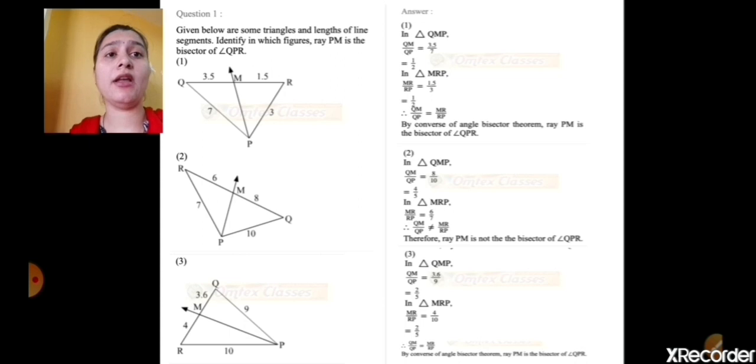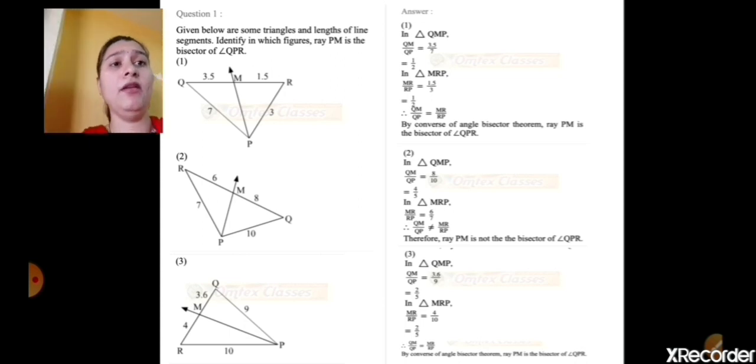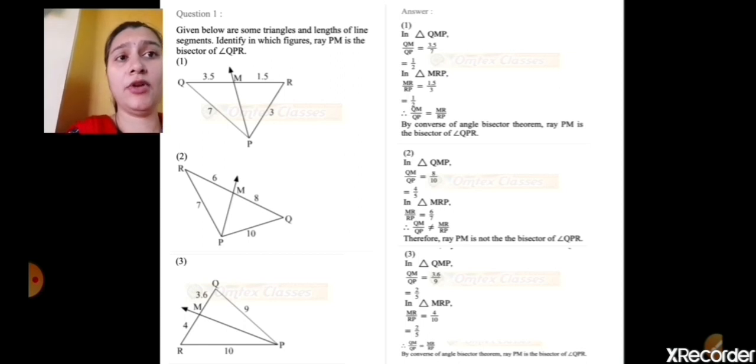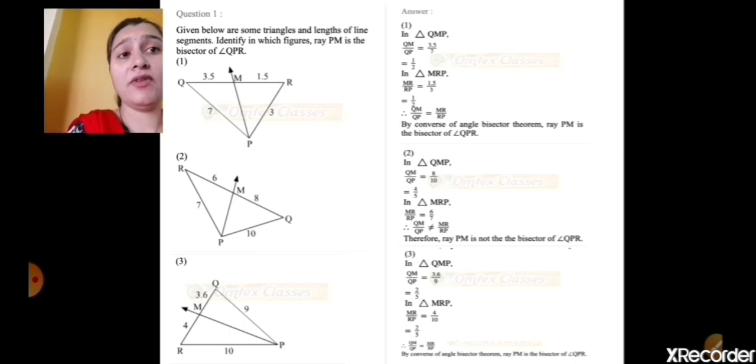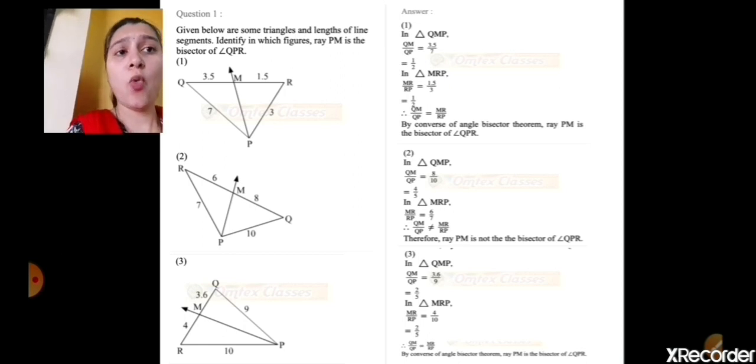First one, in triangle QMP, I will say QM, that is 3.5, upon QP, that is 7. That gives me 1 upon 2. Again I will take the other part, that is triangle MRP, which has MR upon RP as 1.5 upon 3.